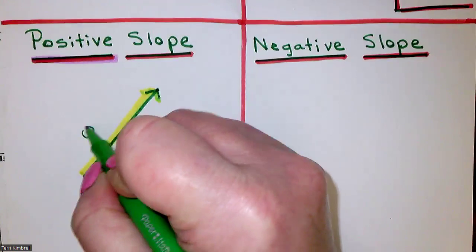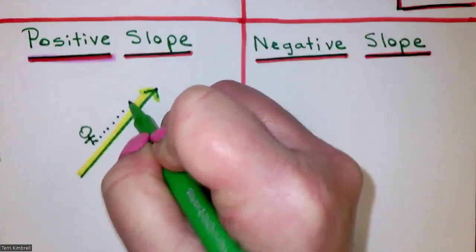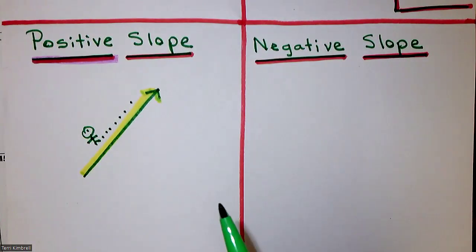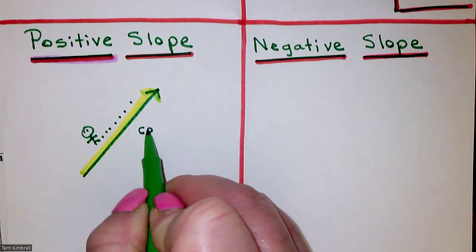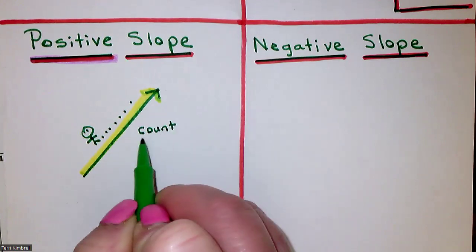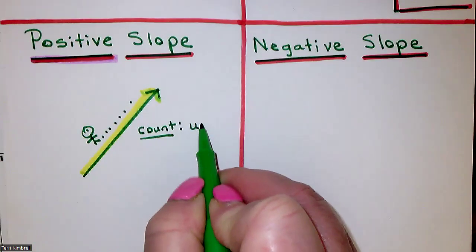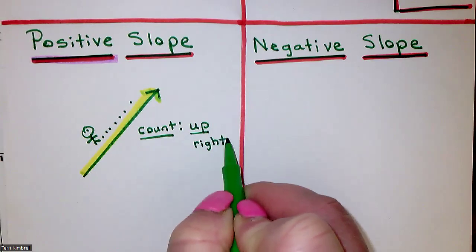So as this person walks the line, he is going up the hill. So we're going up from left to right. So the slope tells you how to count. So if it is a positive slope, you always go up and right.